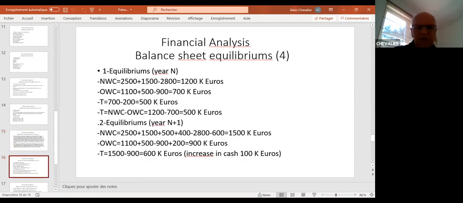That means you get 2,500 plus 1,500 minus 2,800, which is equal to 1,200k euros. Which means the company has a net working capital of 1,200. That means there is an excess of long-term financial resources compared to the level of investment, at least as they are taken into account in the left side of the balance sheet.